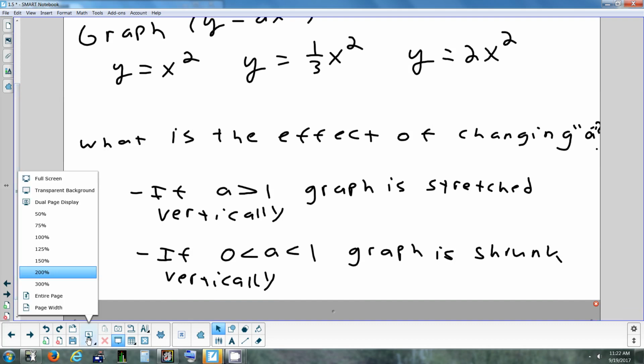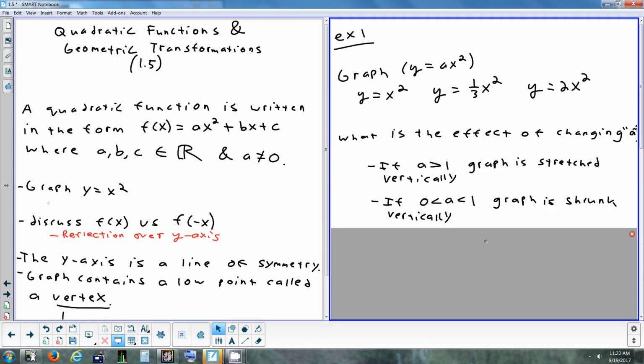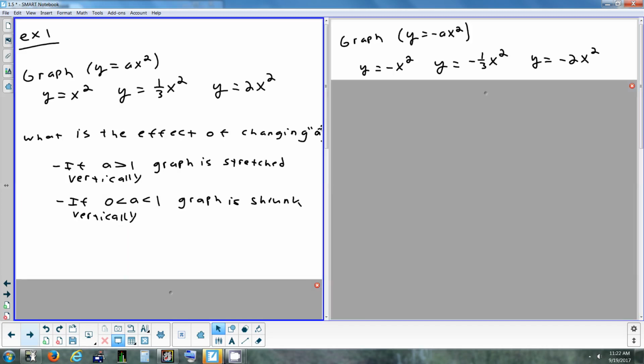All right, so let's take a look at something. Now, so far, I haven't talked about what happens if you make a negative but you don't put parentheses. It's like putting the negative on the outside, not on the inside with an x in parentheses. I already kind of showed you what happened, but what happened when you put in a negative?